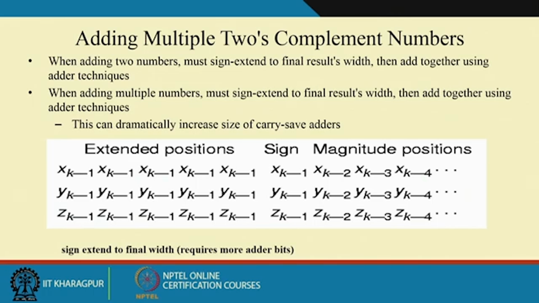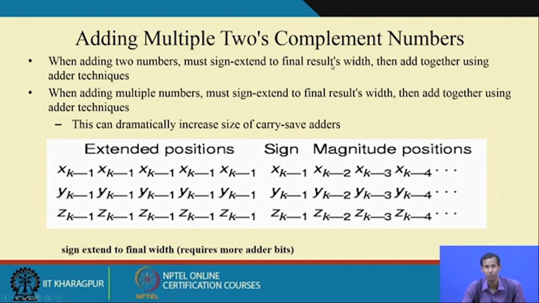In this particular example, this is the magnitude position and this is the sign, and this sign has been extended to fill all the vacant positions which we did not consider in unsigned multiplication. So, when adding two numbers, they must be sign extended to the final result width and then added together using the adder technique to get proper results.